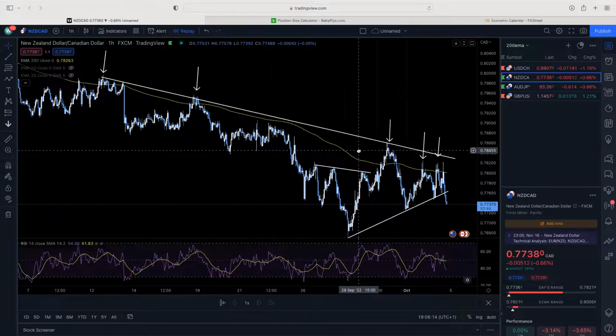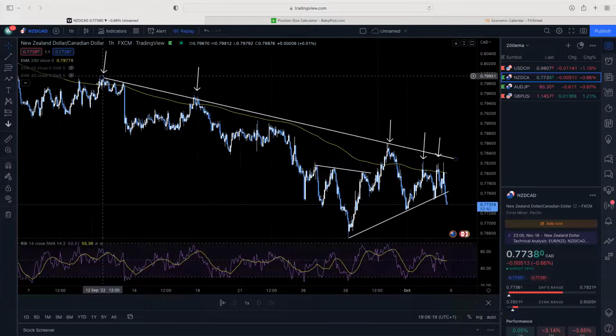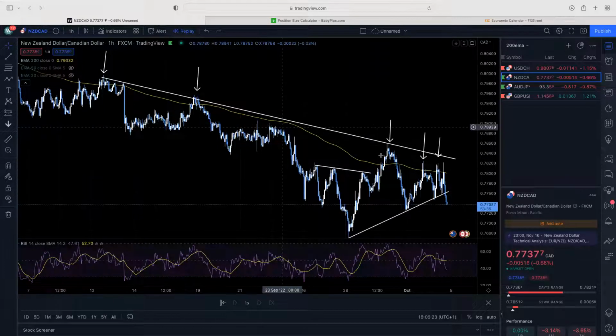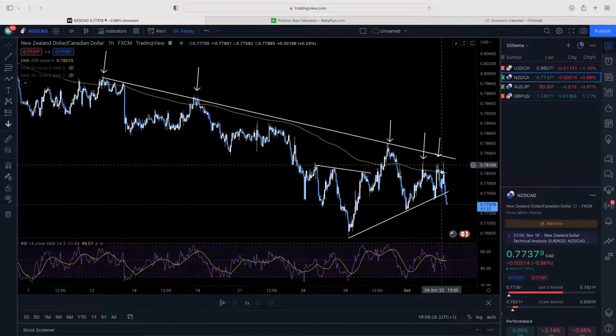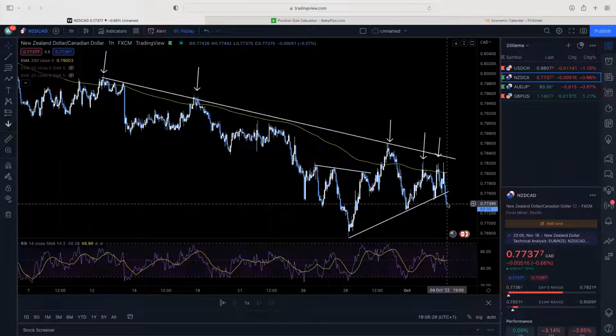Now, if we want to be a little bit more technical and go into it a little bit deeper, what you can notice is they're not pinpoint touches. Almost every single time we're coming up into the 200 EMA, price is breaking through first and then coming back down.